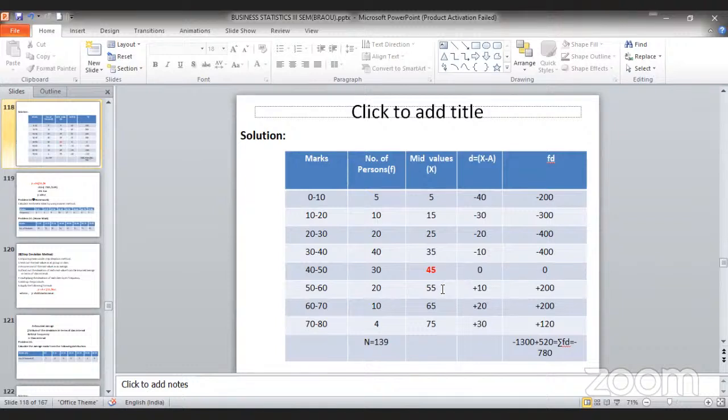Now X is the 55. 55 minus 45 is a 10. 65 minus 45 is a 20. 75 minus 45 is a 30.